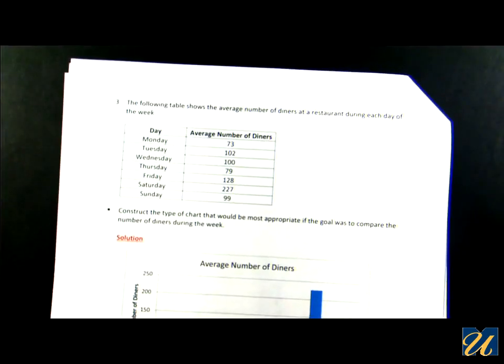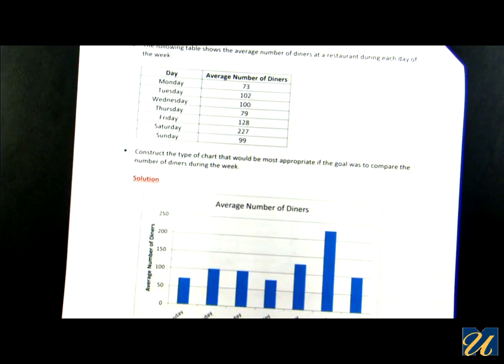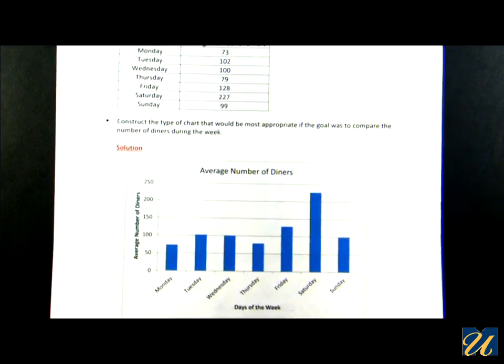Now, the following table shows the average number of dinners at a restaurant during each day of the week. This is your frequency. Construct the type of chart that would be most appropriate if the goal was to compare the number of dinners during the week. The best way to see your data more clearly is constructing a histogram.